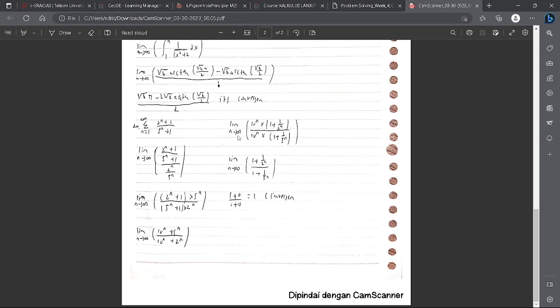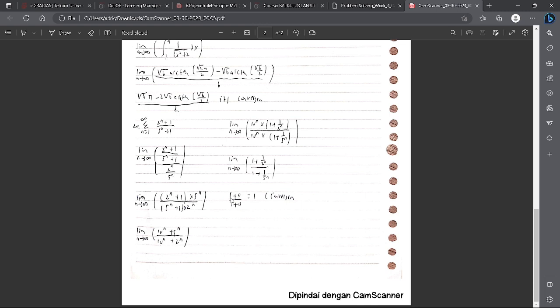Then the limit as n goes to infinity of 10 to the power n times (1 plus 1 over 2 to the power n) over 10 to the power n times (1 plus 1 over 5 to the power n), which is the limit of (1 plus 1 over 2 to the power n) over (1 plus 1 over 5 to the power n).